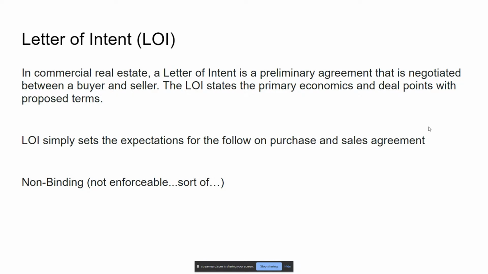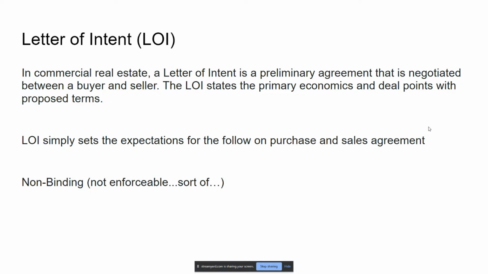Now, nobody's probably going to enforce that unless there's some fraud or somebody just got shady. But anyway, it's typically considered non-binding, and what it's used for is to set the tone and the expectation for the subsequent contract and underwriting process.